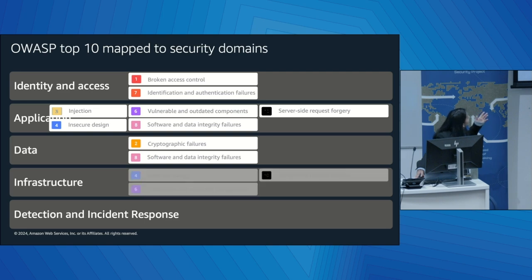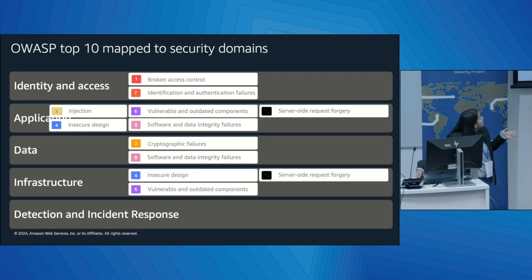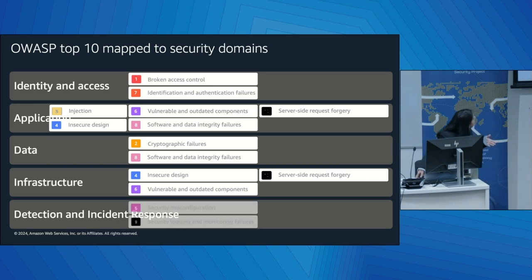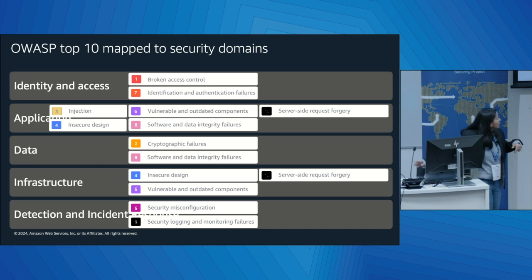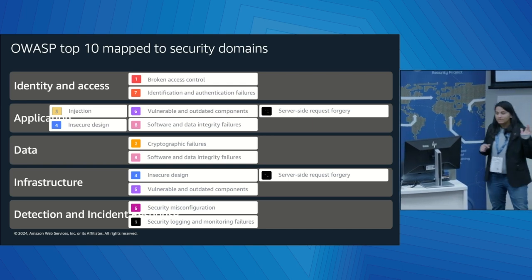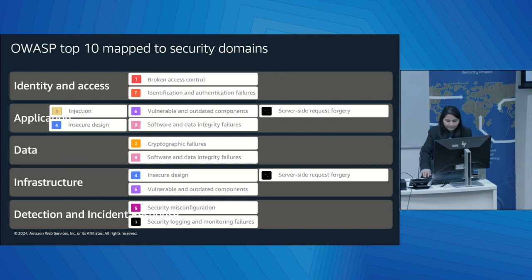Identity and access management talks about broken access control, identity and authentication failure, injection, and so many others. We'll talk about it in detail, so I don't want to take a lot of time here.